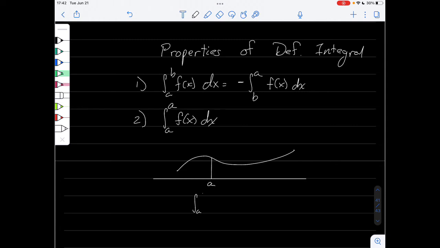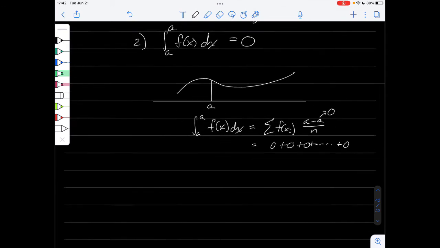And so this integral from a to a of f of x is going to be the sum of f of x sub i delta x sub i. And delta x sub i is a minus a over n. So this is 0. So we're adding up 0 plus 0 plus 0 and so on. So our final answer here is 0.